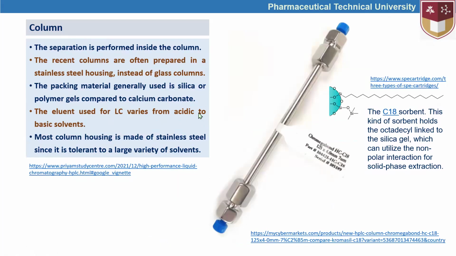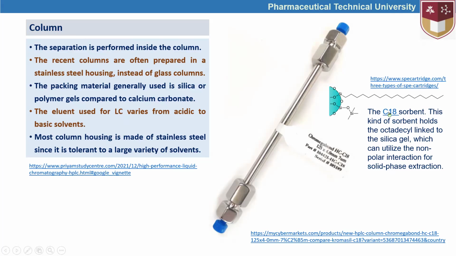Okay, and now we are going to discuss some information about the columns. Columns are filled with a sorbent like silica gel or silica gel C18 derivatives, as indicated here.